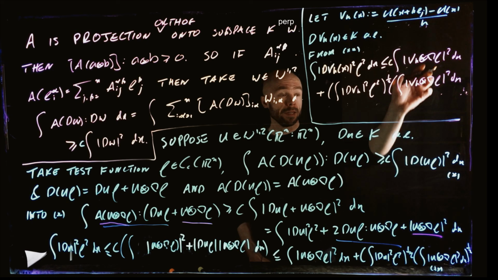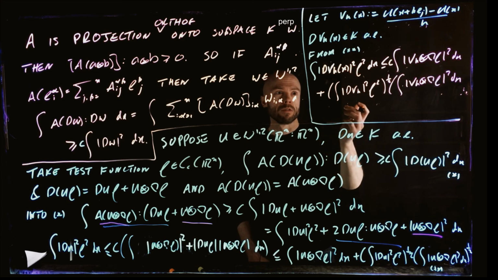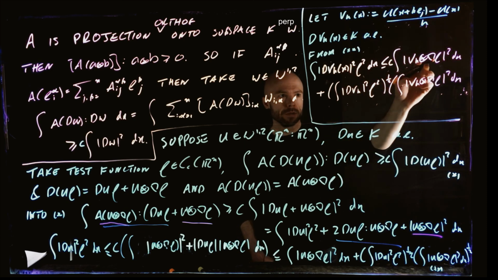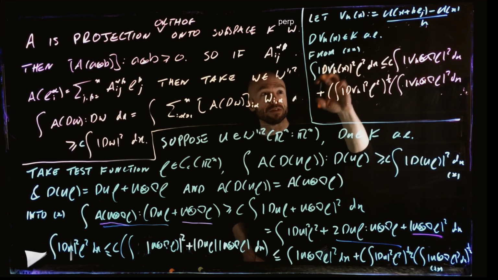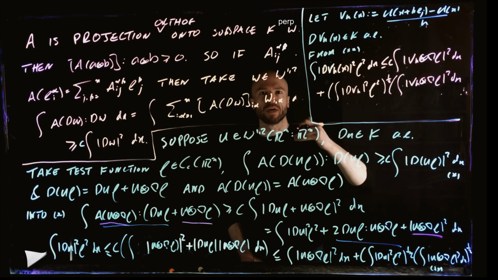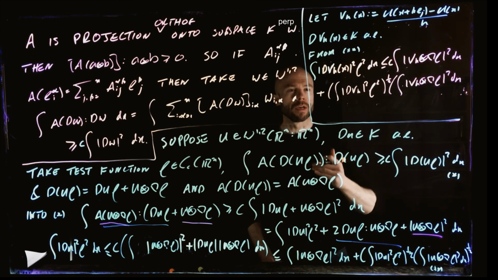Because these are actually bounded by fixed constants for all small h. And if this guy was unbounded as h got smaller and smaller, we'd have a contradiction because we're bounding this by a constant plus a constant times the square root of it, right? So for all small enough h, this integral here has to be uniformly bounded. Yeah, there's a little algebraic exercise to actually find the bound, but I hope it's kind of clear just from this inequality.